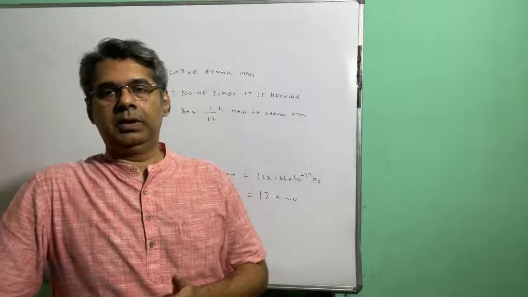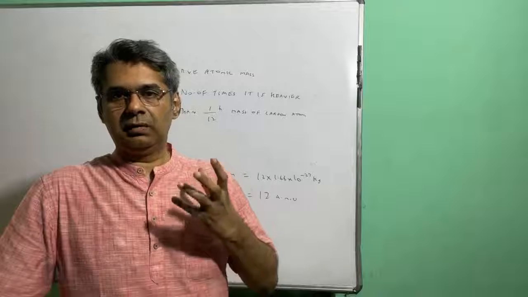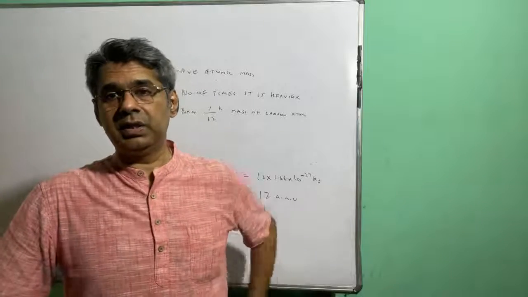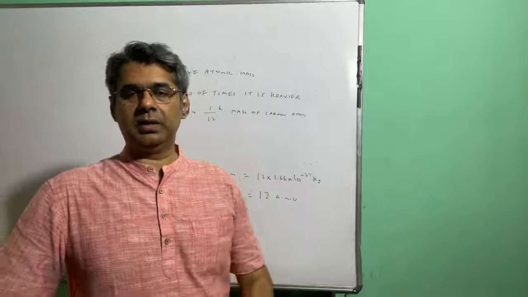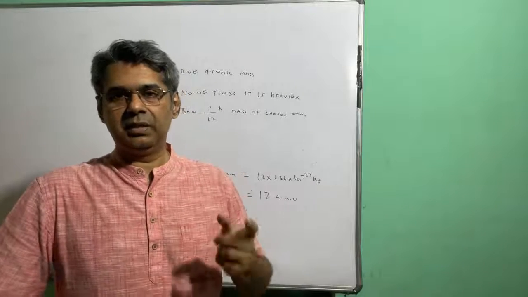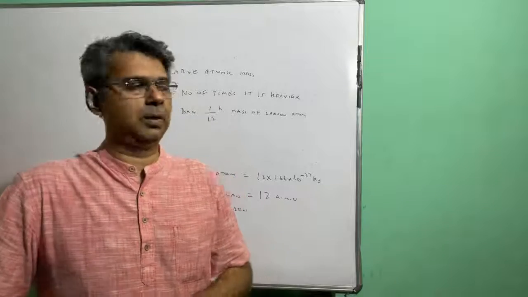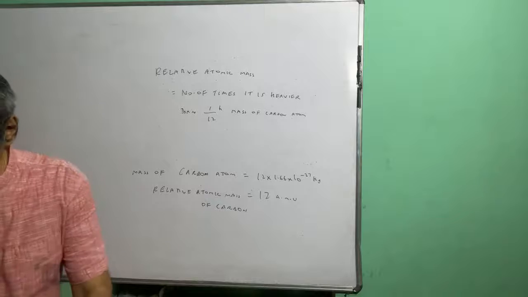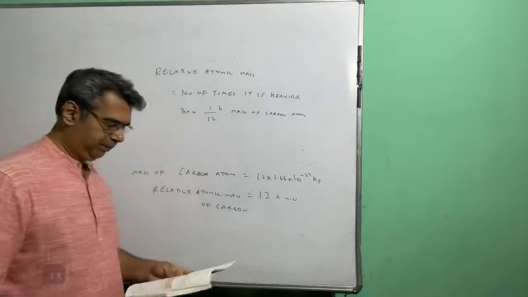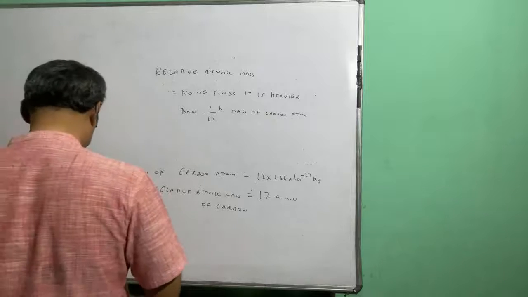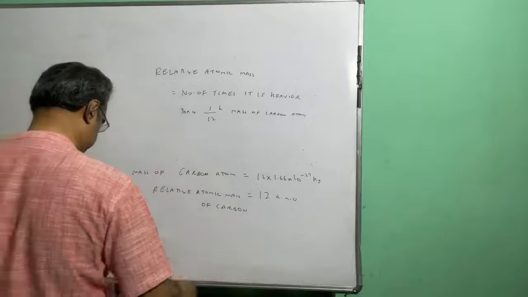So instead of relating it to hydrogen, the scientists decided that we should relate it to carbon, because in the free natural form it is the most abundant element. Certainly hydrogen is abundant, there is no doubt about that. There is a huge amount of hydrogen everywhere on earth, but it is not free, it is in the form of H2. That is the problem. So this is the definition of relative atomic mass of any substance.